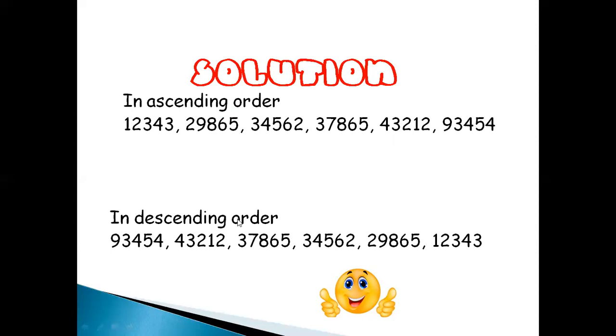Descending order means from the biggest to the smallest. So it's just going to be the opposite of what we've done here. We start from the biggest number, 93454, 43212, 37865, 34562, 29865, and 12343. So we have arranged in ascending order and descending order.